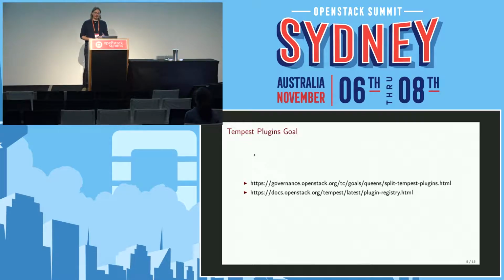And also they can be in a branchless repo, which is consistent with the way Tempest is. And this helps projects enforce API stability through releases, because we always use the same version of the test to test master or stable Pike or stable Ocata and so forth. So we cannot make backward incompatible changes to the API in this way.